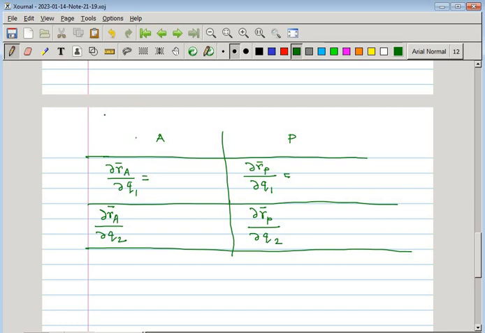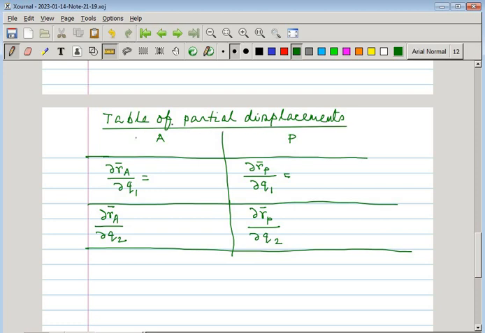You can call this the table of partial displacements.